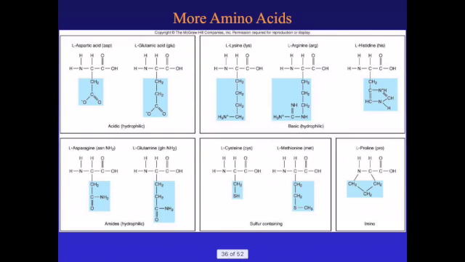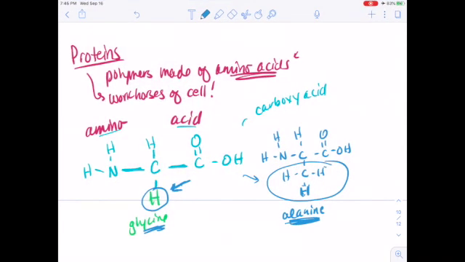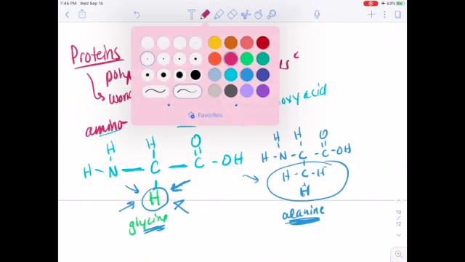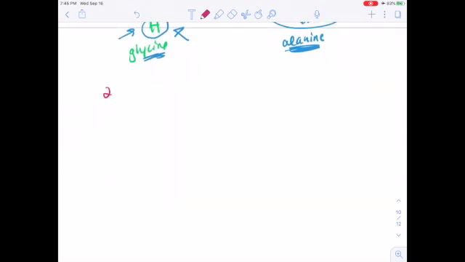All right, so I kind of lied to you when I said I can put anything I want here for the R group. Well, I could if I were just synthesizing it in the laboratory, but there are only 20 naturally occurring amino acids in our universe. Maybe other universes will have some other ones. I'm sure that's quite plausible.